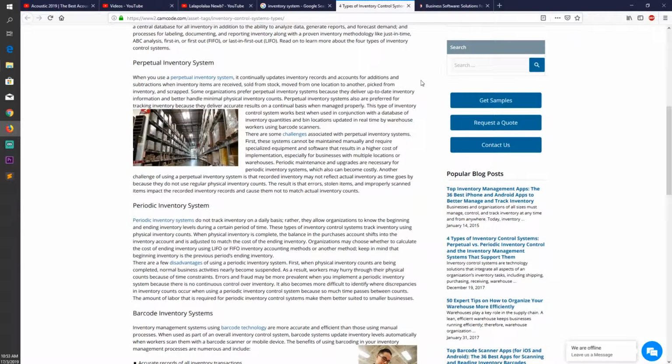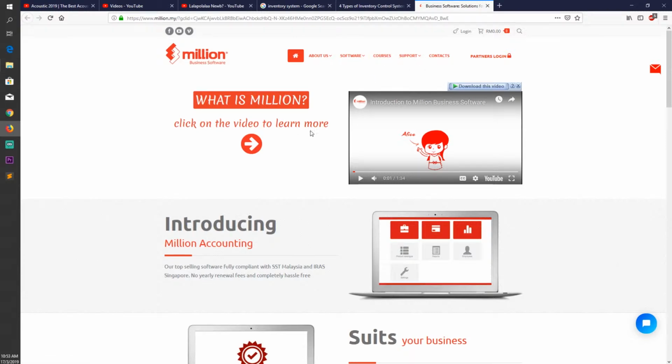It's known as a small business inventory system. Websites like this provide an inventory system for any kind of small business or big business who want to keep track of their inventory.